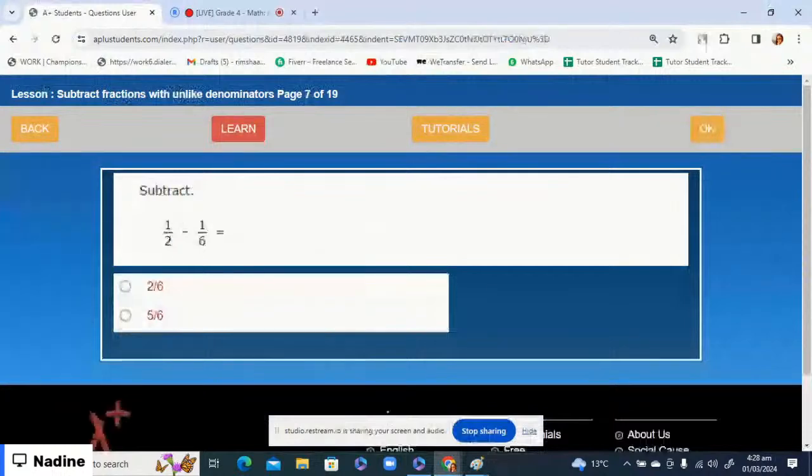Okay, now you all solve this one. 1 by 2 minus 1 by 6. Solve this question and then tell me the answer in the chat. Do it all. Quickly.